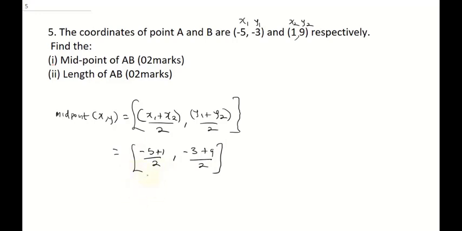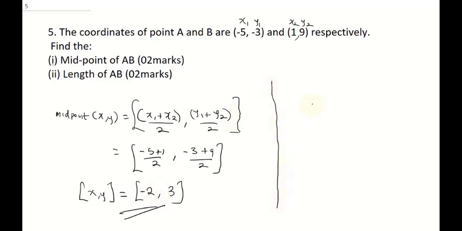So this is going to give us 1 minus 5, that's minus 4 over 2, which is minus 2, comma, this will be 6 over 2, that will give us 3. So this is our midpoint, final answer.